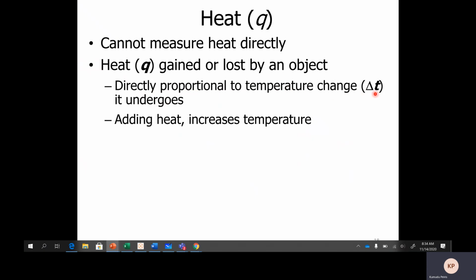When we are adding heat, the temperature increases in that object. If the heat is lost, then the temperature of that object will be decreasing.